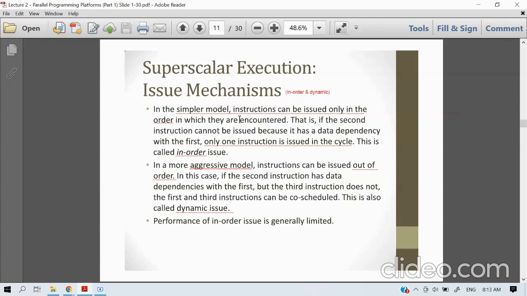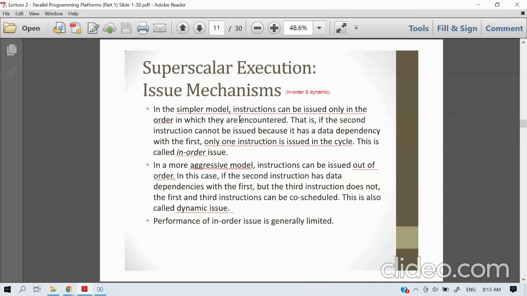The second issue mechanism is called the aggressive model, or out of order. Why is it called the aggressive or out-of-order model? Let's say the second instruction has data dependencies with the first, however the third instruction does not have dependencies, so the first and the third instructions can be co-scheduled.